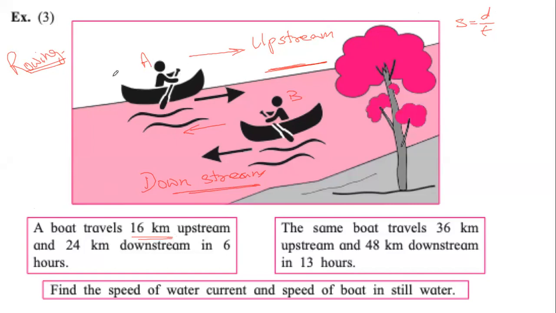So we are talking about person A. And 24 kilometers downstream. Oh, it's the same person. So person A first went upstream 16 kilometers and then came downstream 24 kilometers. And the time taken was 6 hours.